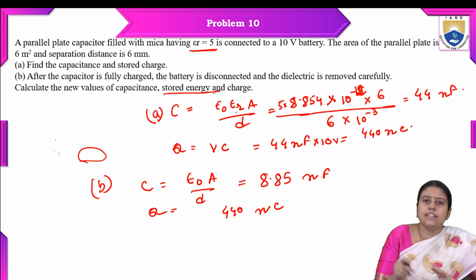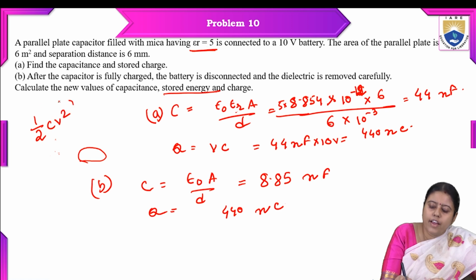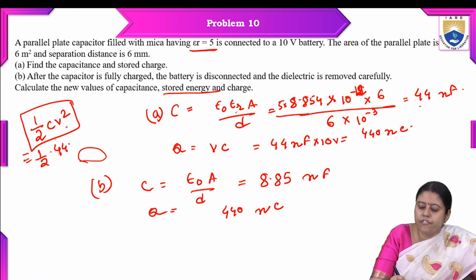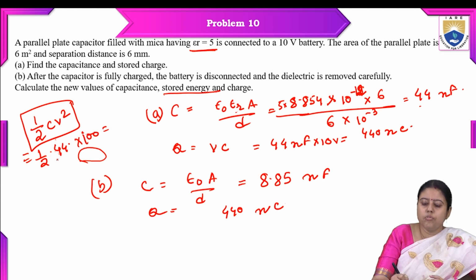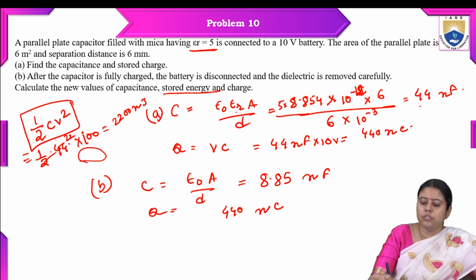Now stored energy. For the first case, stored energy is equal to half CV square. C value we know, 44. V square means 10 square, 100. So we can get 2200 nanojoule.